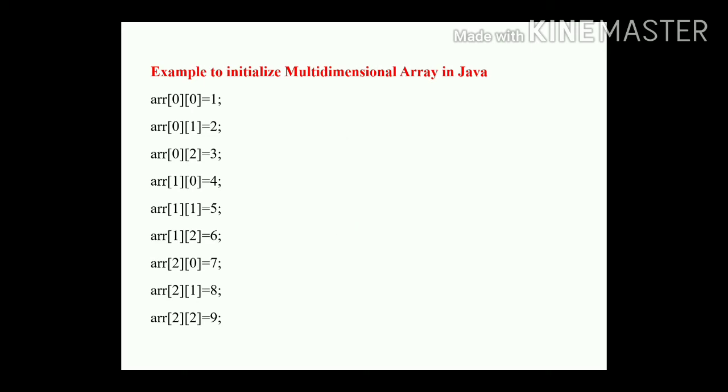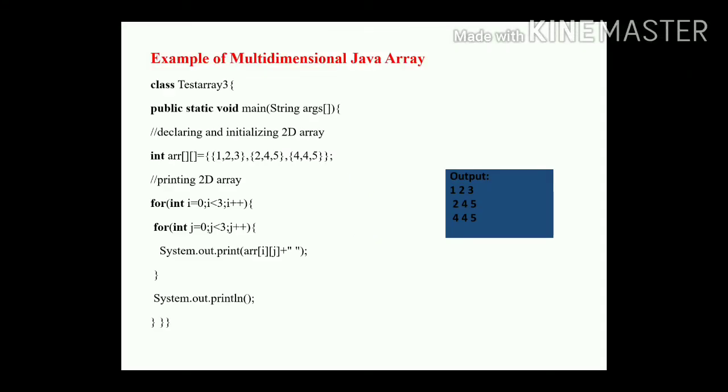Here array of 0 of 1, that value is 2, array of 0 of 2, the value is 3, and so on up to array of 2 of 2, the value is 9. This is how we initialize a multidimensional array in the Java programming language. Here is the example for the multidimensional array in Java.